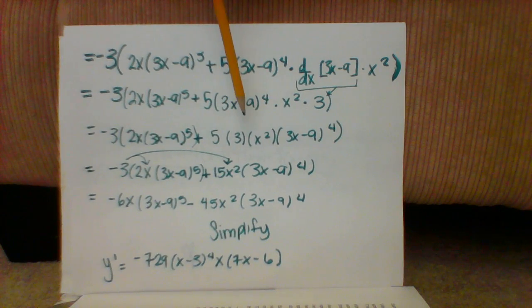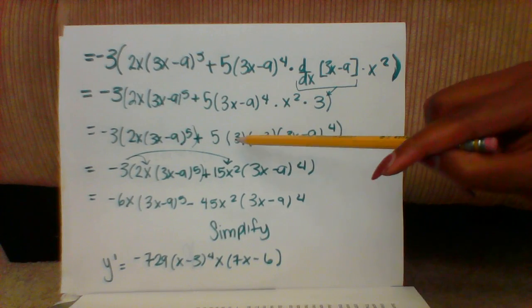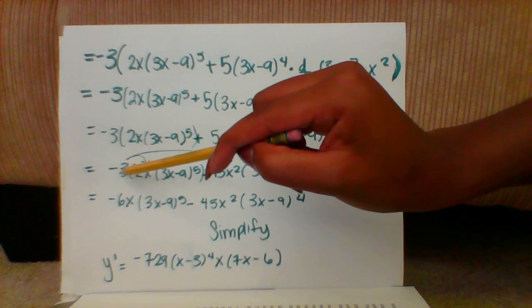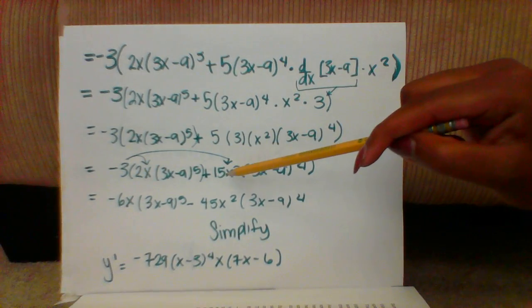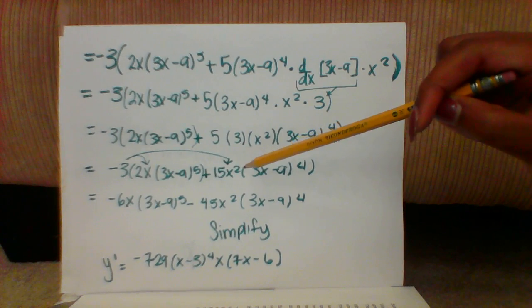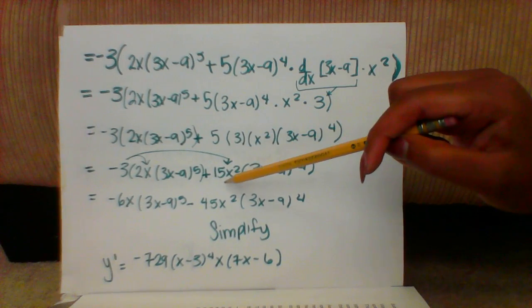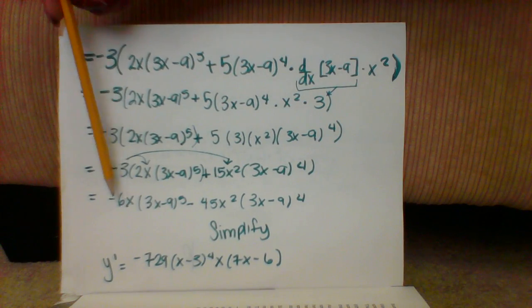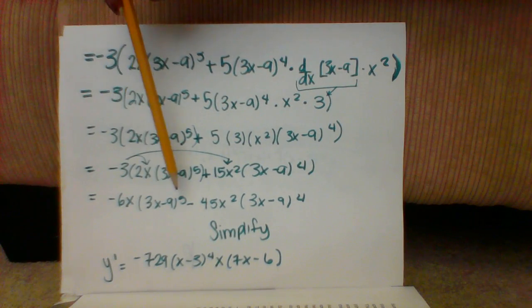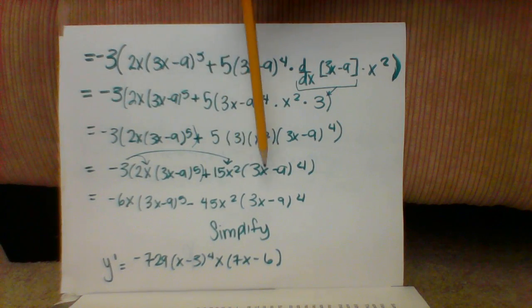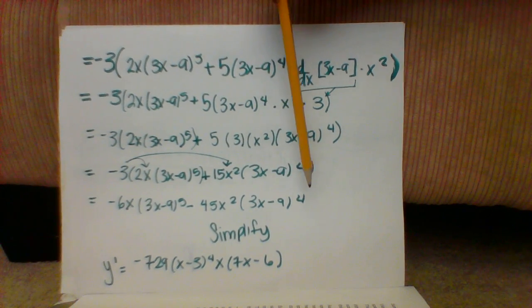Then we distribute the negative 3 to the 2x and the 15 times x squared, because 3 times 5 is 15 times the x squared, and you will get negative 6x times (3x minus 9) to the 5th power minus 45x squared times (3x minus 9) to the 4th power.